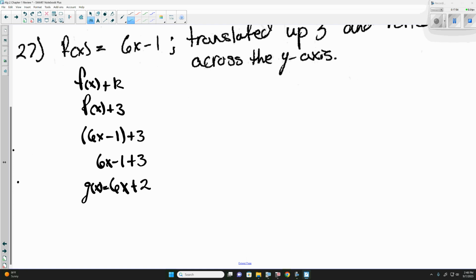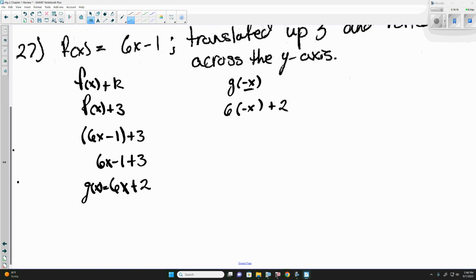Now, a reflection across the y-axis, as we listed on the board, is f of negative x. Here we're going to say g of x because we're talking about that function. We don't have to plug anything else in, but we need to replace every x in g of x with negative x. So we'd have 6 times negative x plus 2.